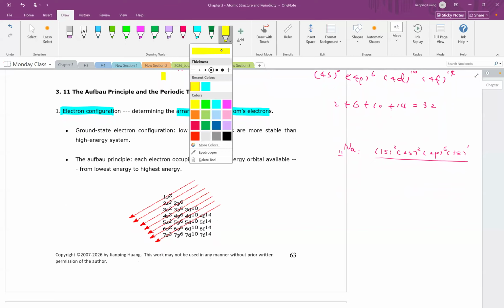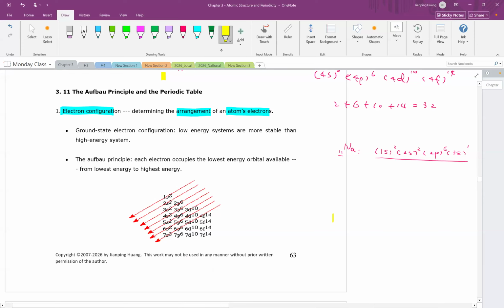When we discuss electron configuration, first of all, we have assumed it is a ground state. Why? Because ground state is only one state. If not ground state, excited state, we do not know which excited state is the first excited or second.